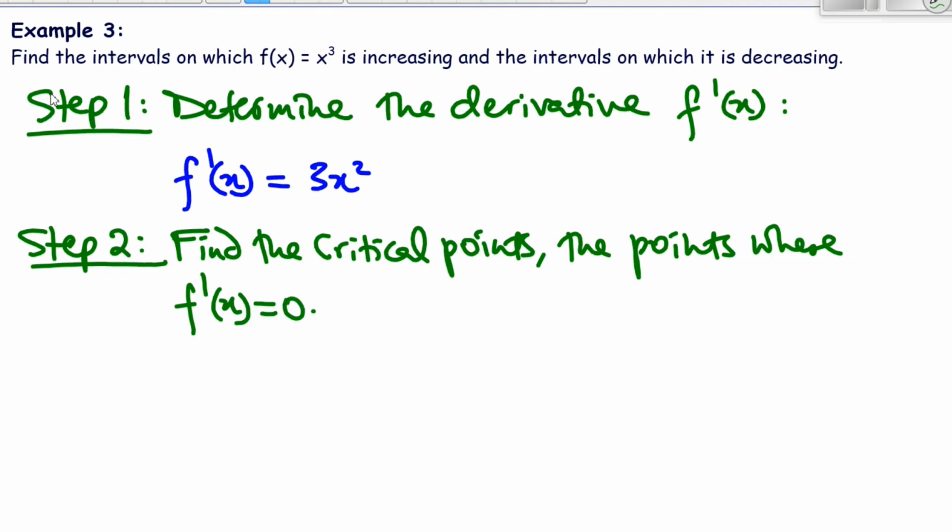So the first derivative from our calculation above is 3x squared. Equate that to 0, which means x is equal to 0. And that is our critical point.